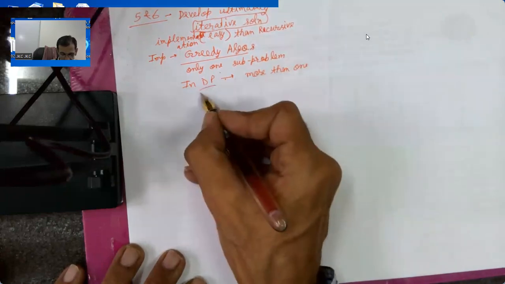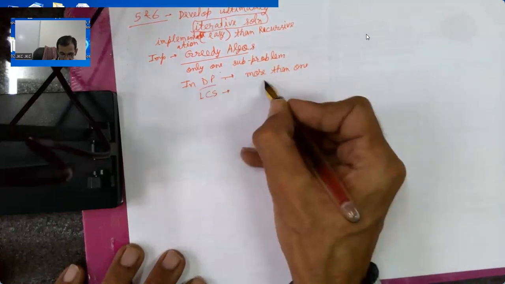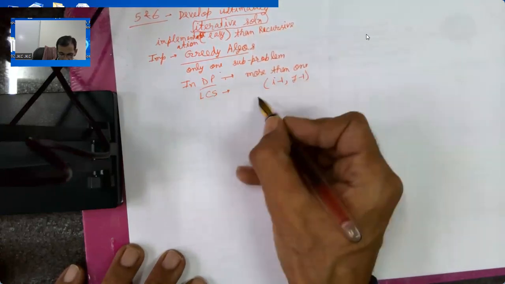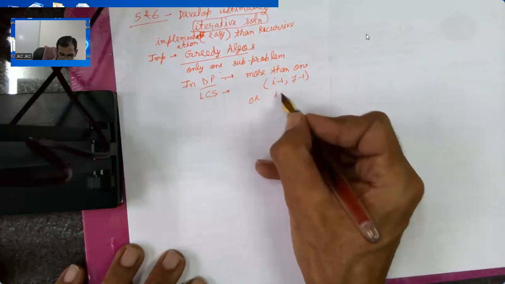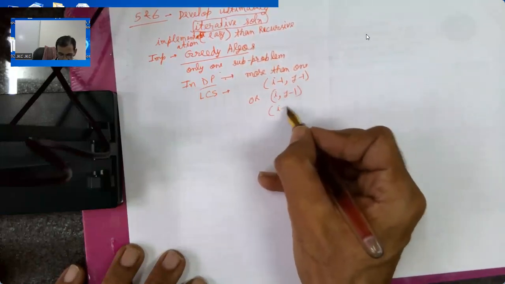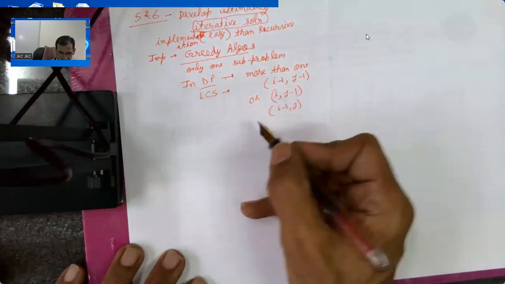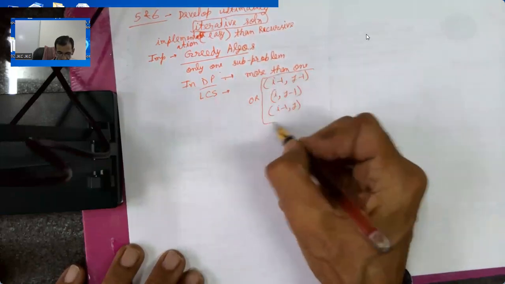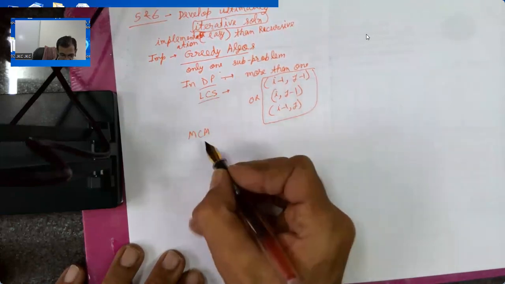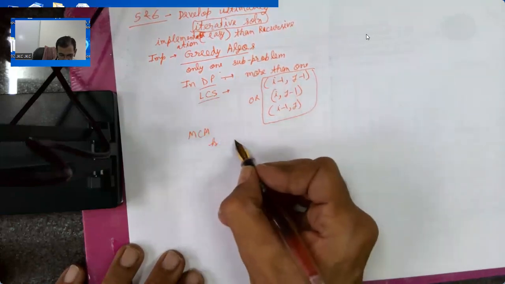Like in case of LCS, I said one problem was with the size i minus 1, j minus 1, or I had one problem with the size i, j minus 1, or I also had one problem with i minus 1, j. So 3 subproblems were needed in LCS. In MCM, I said k is to be found from i to j.